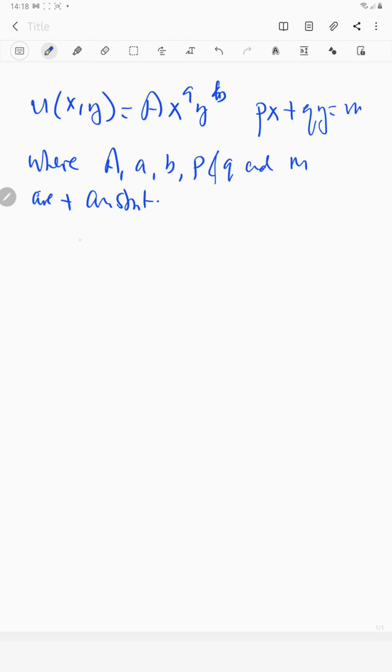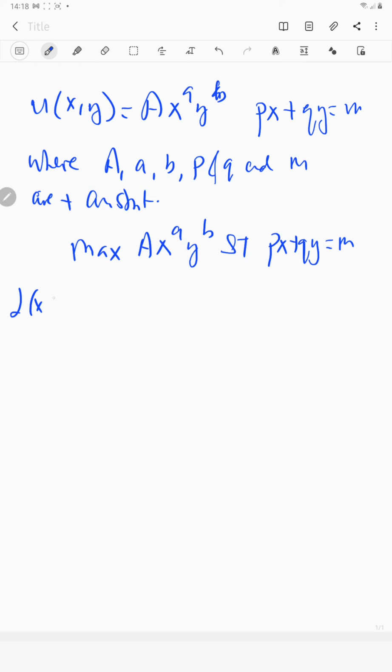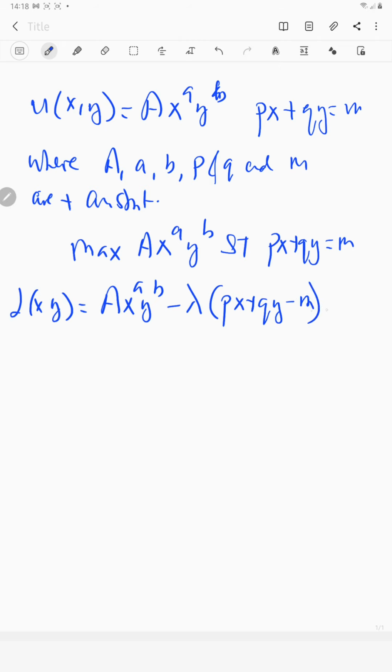So we can find the maximum of this expression subject to px plus qy equal to m. First, we represent it as a Lagrange multiplier function, which is A x^a y^b minus lambda (px plus qy minus m), equal to 0.